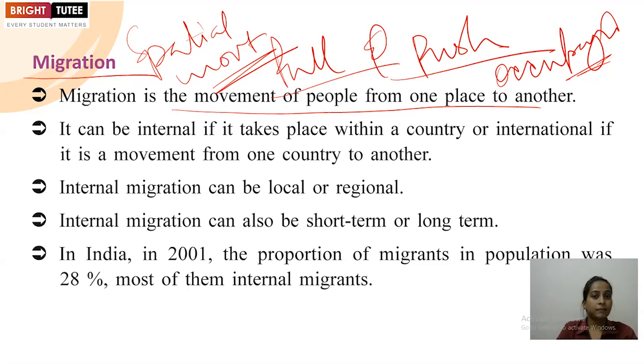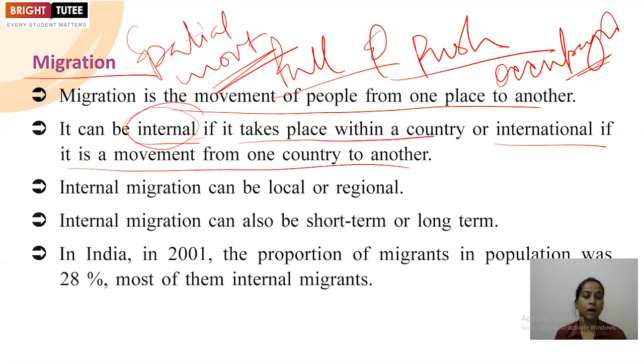Clear? Migration can be internal or external. If it takes place within a country, if you are moving from one state to another state, we call it internal migration. Or international, if it is a movement from one country to another country.